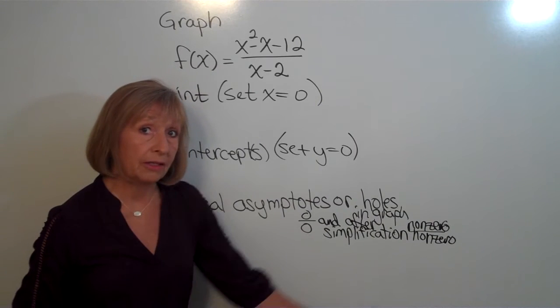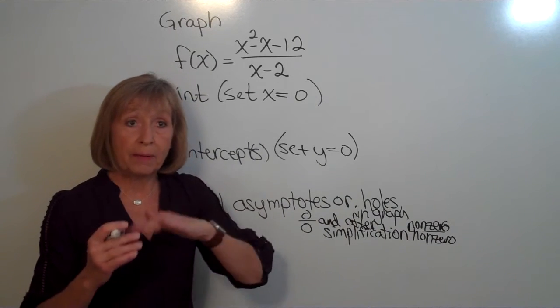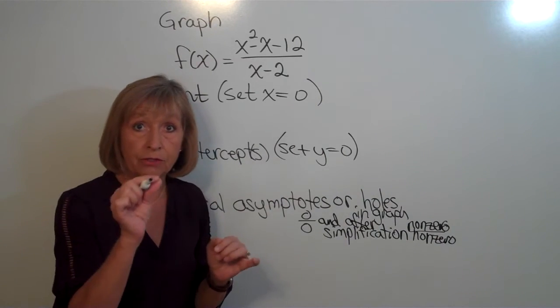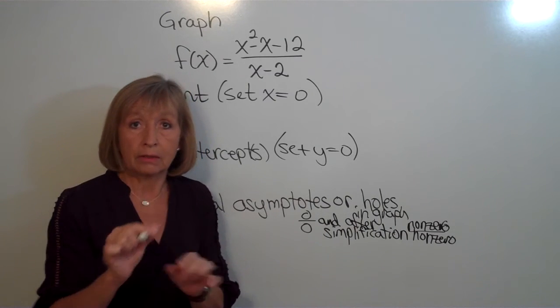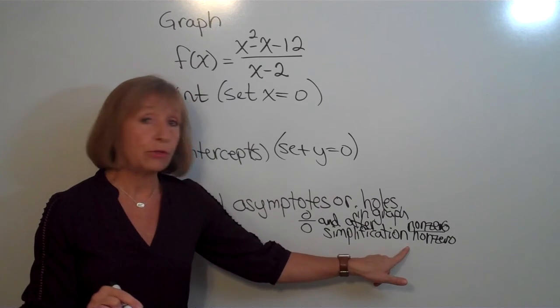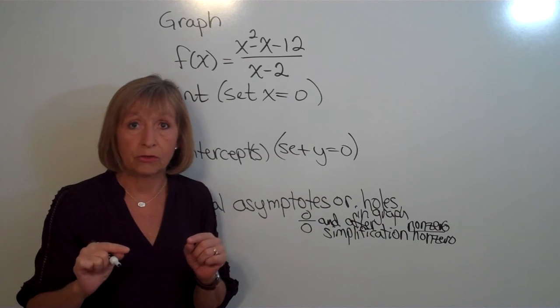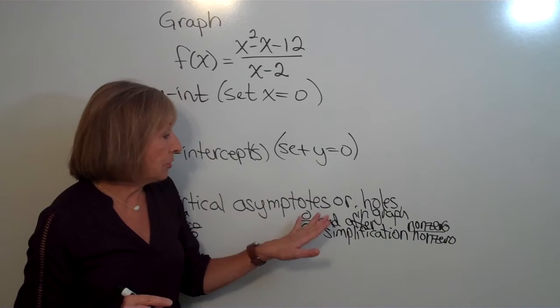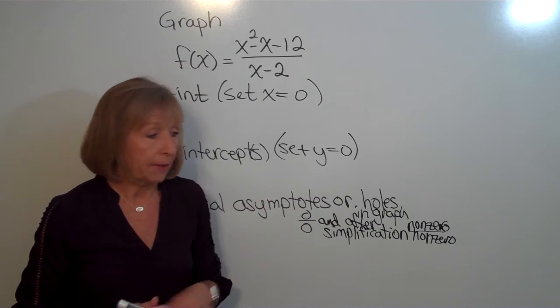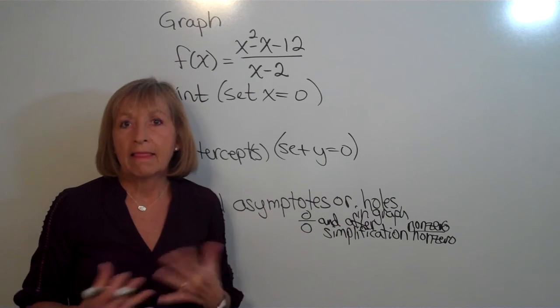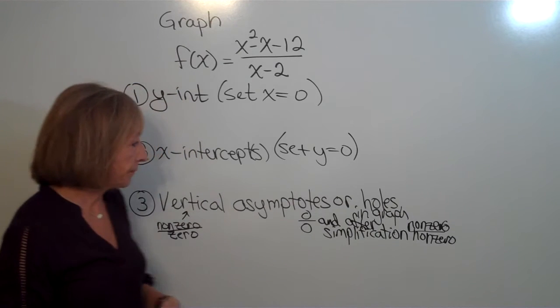That's when I would have a hole in the graph at that x value. So basically you take your eraser and you erase out a little bit at that x value, comma, whatever that y value is, and you make an open circle there. So those are things that we have to look at in step 3. The hole in the graph one, that would be for another video.